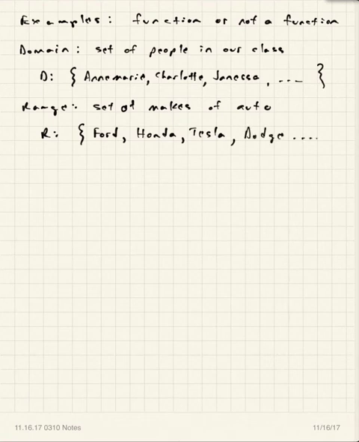Right, and this would go on. We have a relatively lengthy list of makes of car, but we could write them all down. And so that's our range. All right, now, if I give you a domain and a range, I don't have enough information to talk about whether I have a function or not. Because what I need is a way of relating domain elements to range elements. I need a rule that tells me how to assign domain elements to range elements.